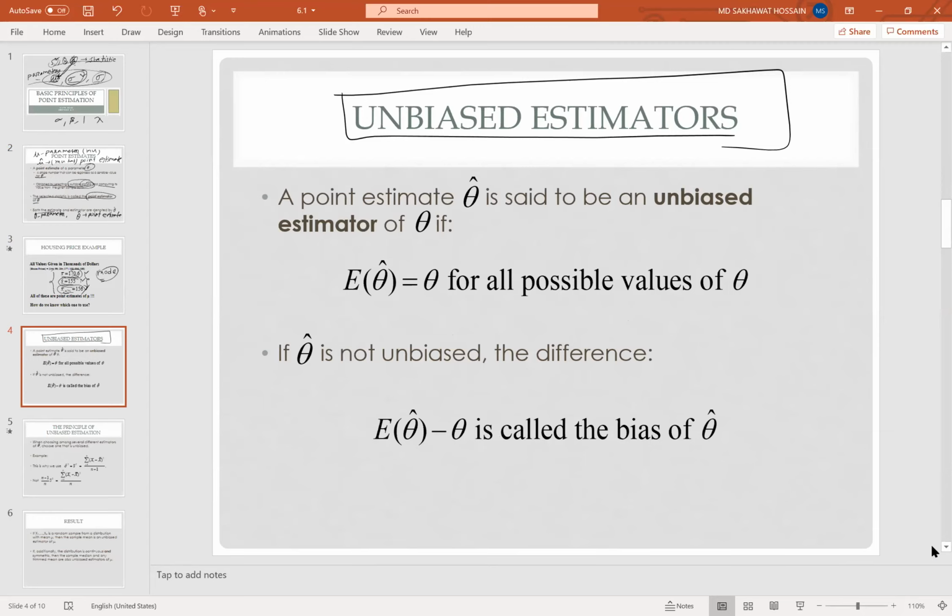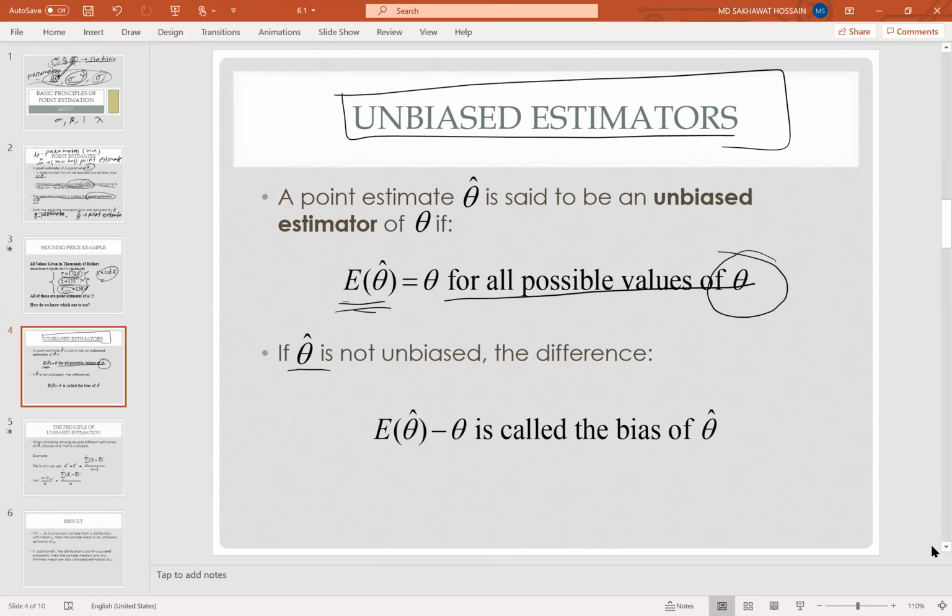So what is an unbiased estimator? A point estimate theta hat is said to be an unbiased estimator of theta if the expected value of the estimate is equal to the parameter for all possible values of theta. So for any possible value of theta, if the expected value of the estimate is theta, then that statistic or estimate will be called an unbiased estimator.